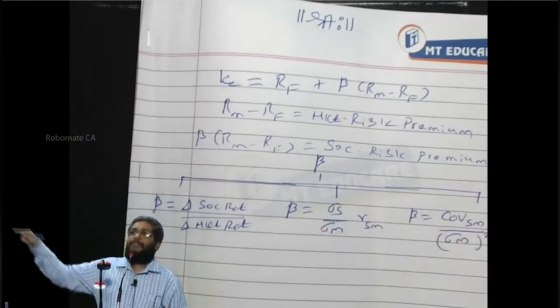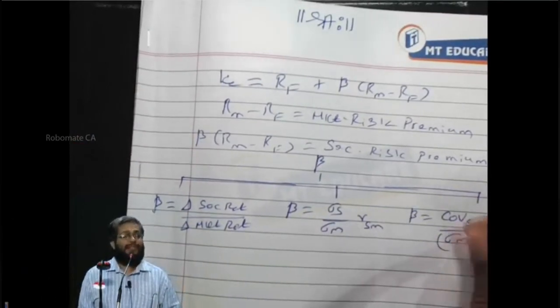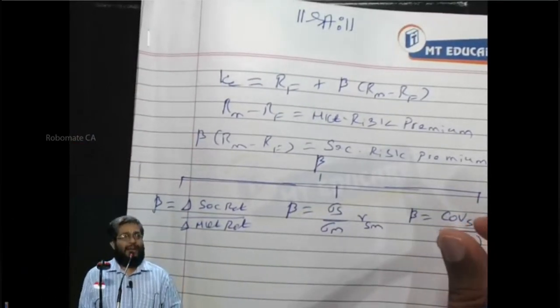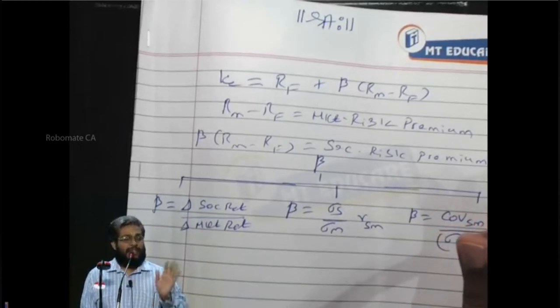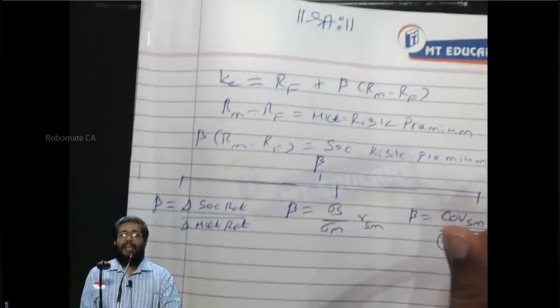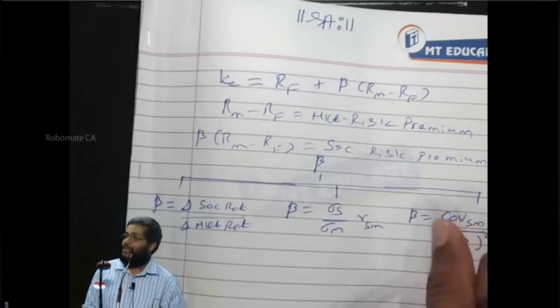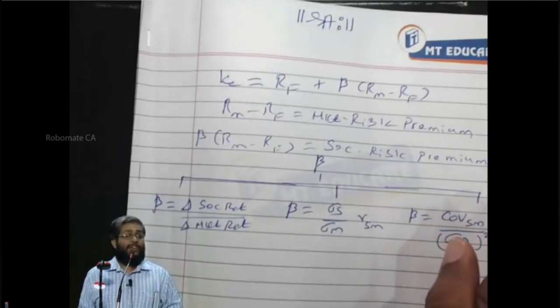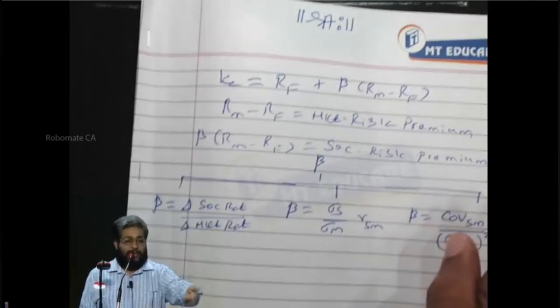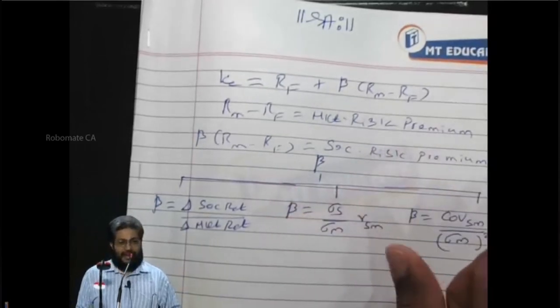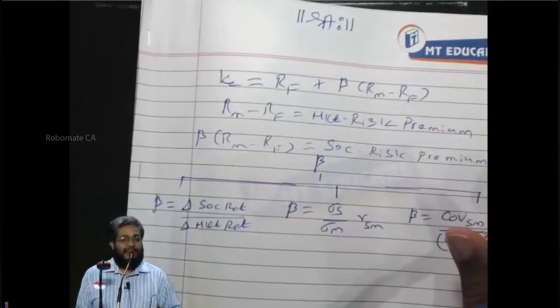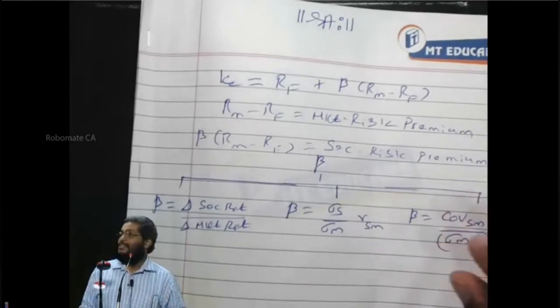If you find out KE from the price, it becomes what? Expected. K is equal to RF plus beta into RM minus RF, which is called SML KE. K is equal to D by P0 plus g. If I find out the IRR of the actual price, it becomes what? Expected return. That's all. And the required return is what? Required return. Should I repeat?